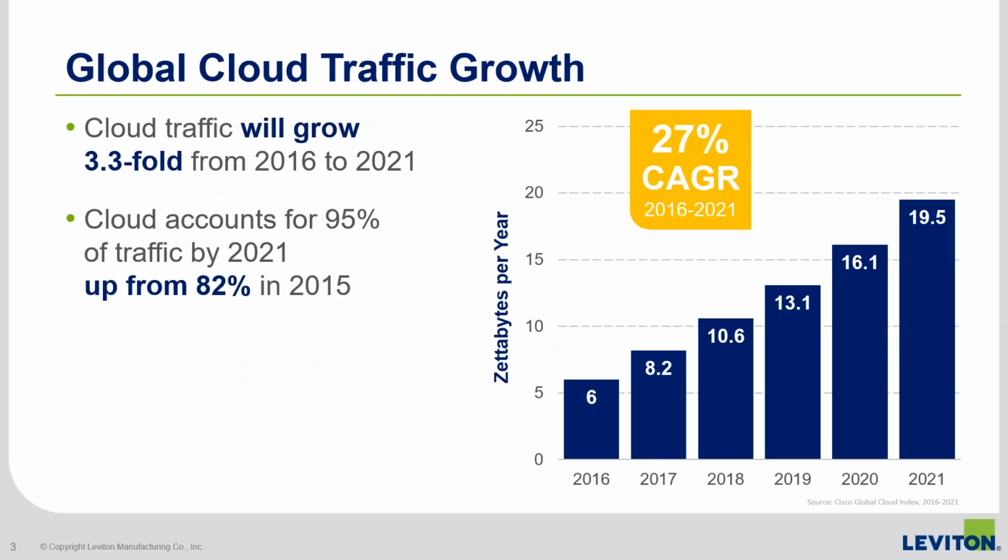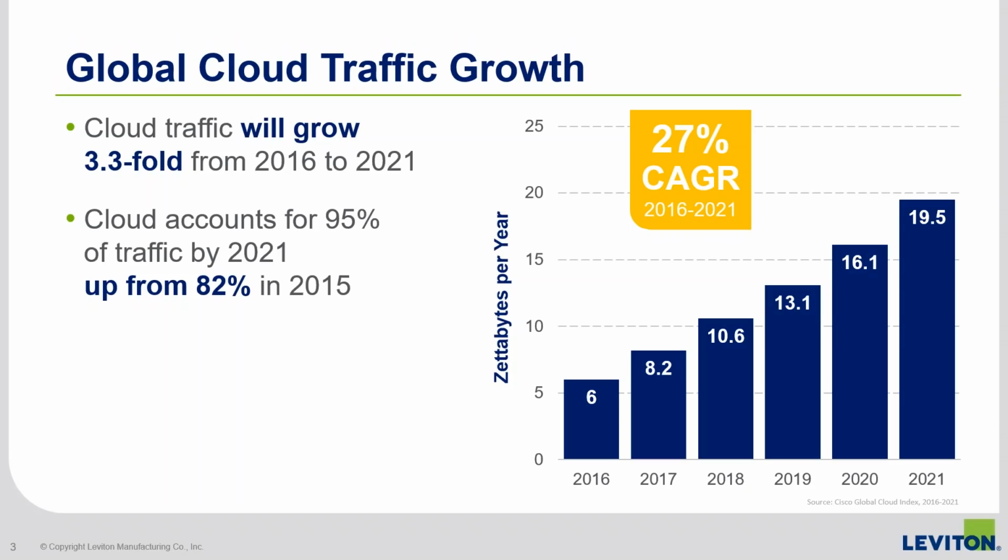Starting out, I wanted to talk about global cloud traffic. This is from the Cisco Cloud Index, which they publish every year. This is from the end of last year's data. And really, no surprise, bandwidth is growing, and this shows specifically in the cloud that it will grow over 3x from the report finishing up in 2016 through 2021.